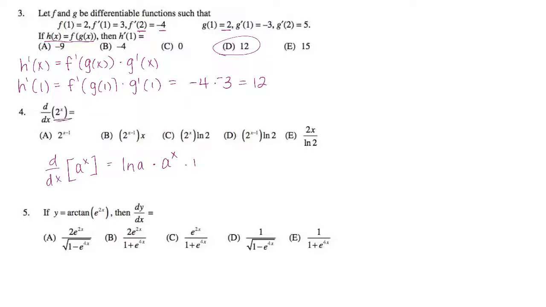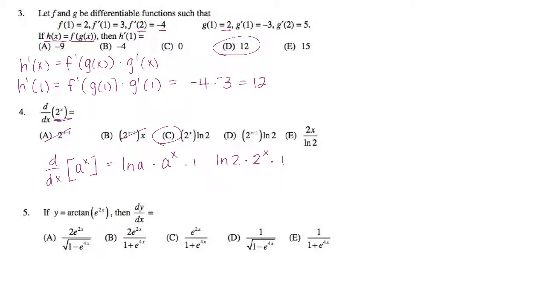So for this one, a is going to be 2, so we know we need at least the natural log of 2. So we know then these cannot be our answers. And then the rest of this we would have times 2 to the x, and then times the derivative of x, which is 1. So it looks like we're going to get answer choice C.